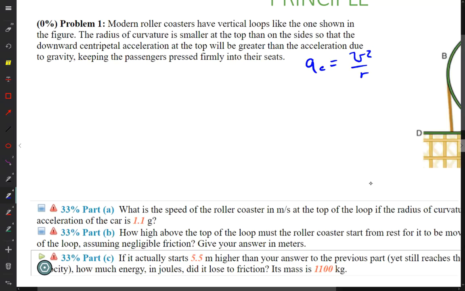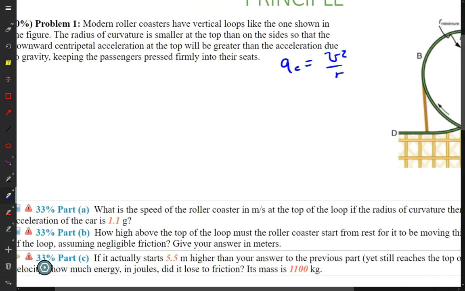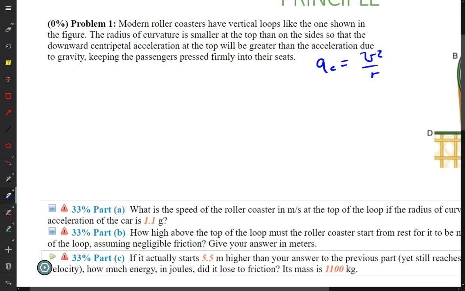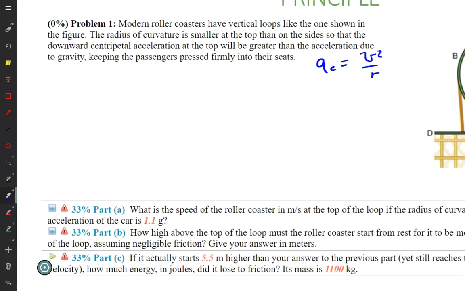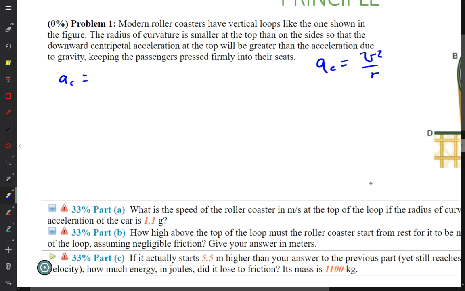So in this problem, for part A, it says, what's the speed of the roller coaster at the top if the radius of curvature is 15 meters and the acceleration is 1.1 g's down? So I'm just going to say, a_c equals v squared over r equals 1.1 g.